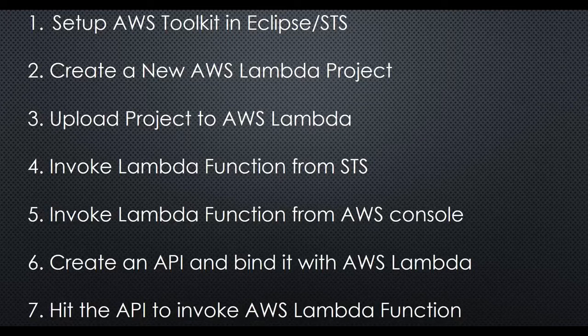Fifth, we are going to invoke the AWS Lambda function from the AWS console. Sixth, we can also create an API using AWS API Gateway and then bind it with our AWS Lambda. And last, we are going to hit this API to invoke the AWS Lambda function.